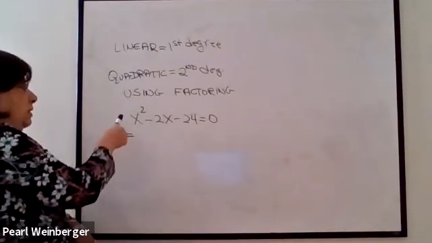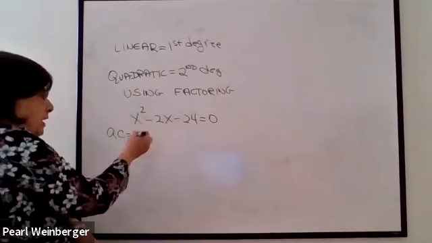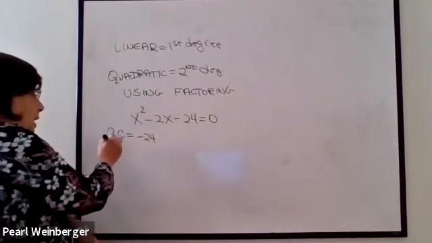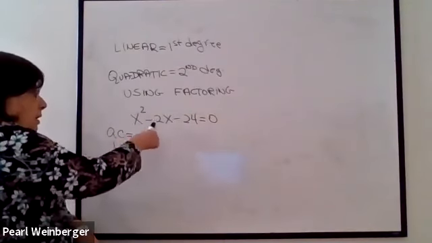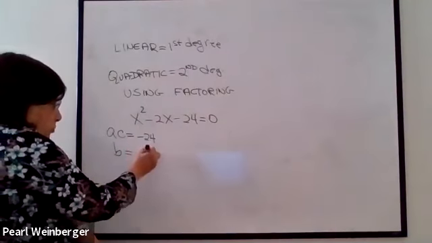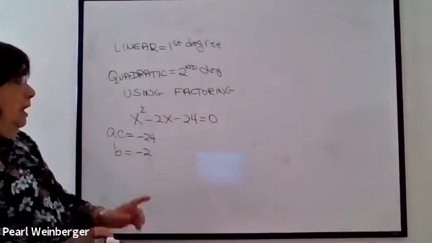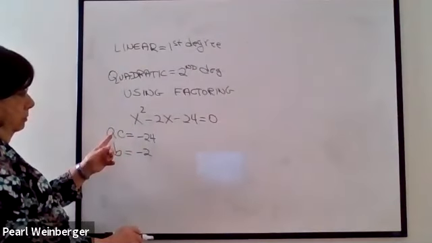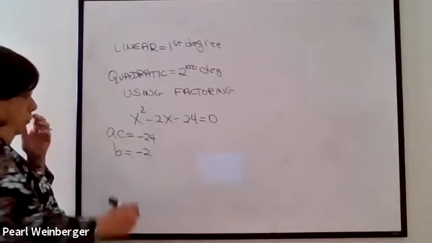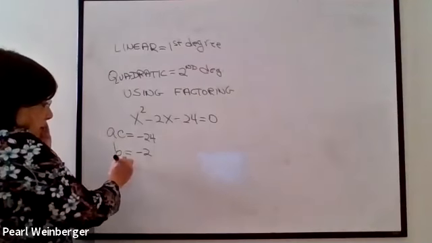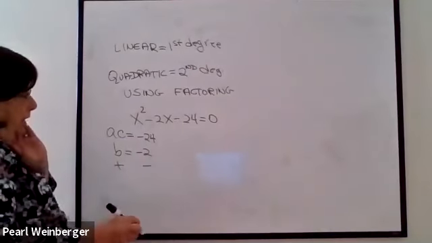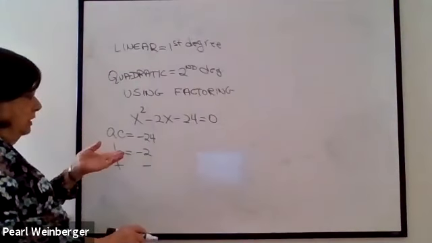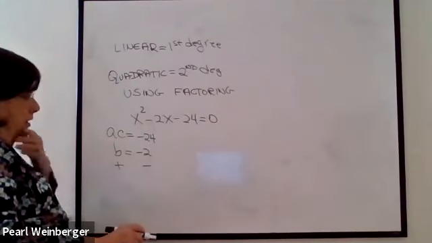And my AC in this case would be 1 times negative 24, which is negative 24. And my B is the negative 2. I'm looking for two numbers that multiply to negative 24, which means one is going to have to be positive and one is going to have to be negative. And when I combine those two numbers, I'm going to get a negative 2.